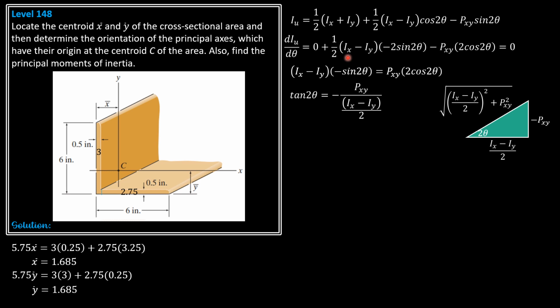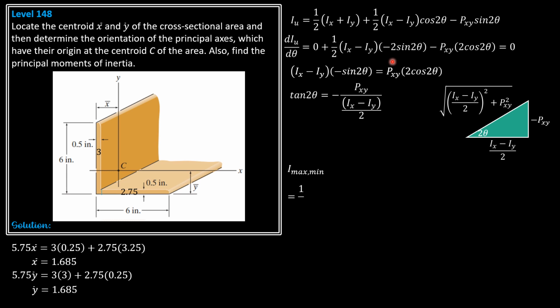So we substitute here because we already defined tangent 2 theta, and this is the triangle. We replace cosine 2 theta here by the quantity Ix minus Iy over 2, over the hypotenuse.